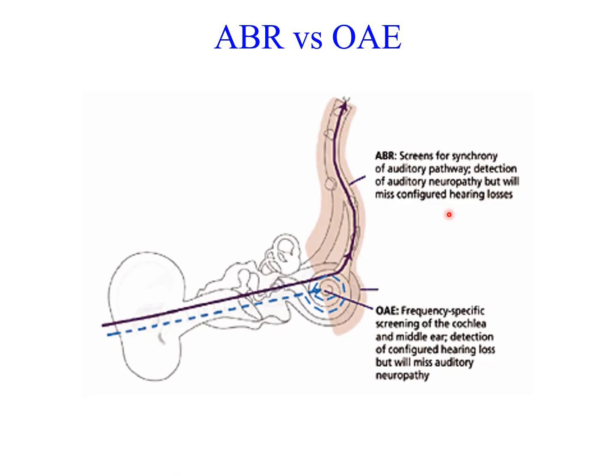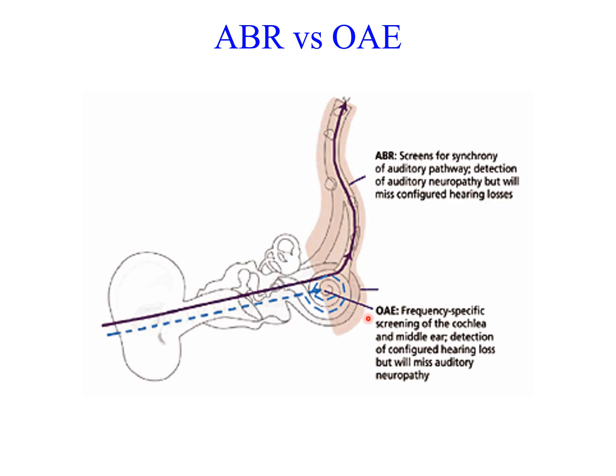The other option is to use OAEs. OAEs, as you know, work this way: sound comes into the auditory system, and the outer hair cells will produce echoes coming back to be recorded. So OAEs are frequency specific, because you can have OAE presented at different frequencies or as a click that contains all frequency components.